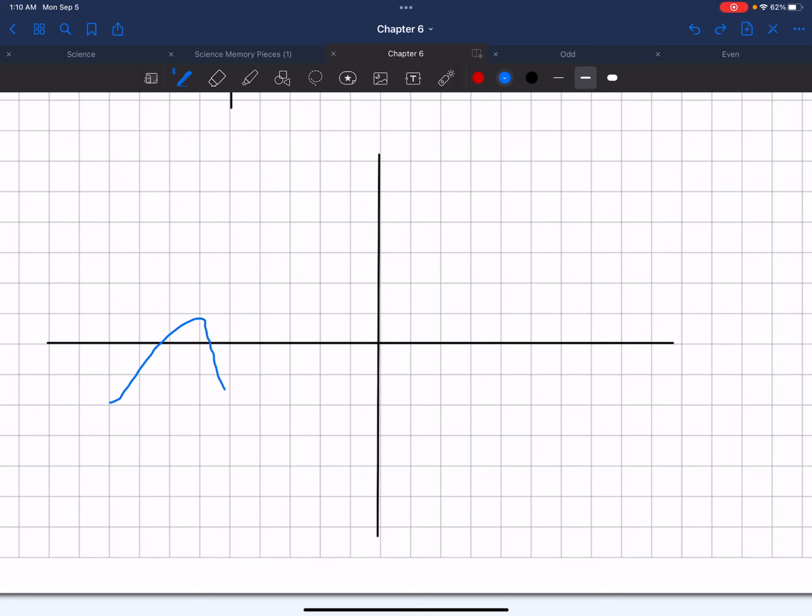If you have an interval that repeats itself, the same exact interval over and over, this happens with sound waves a lot, or earthquake waves. This is called a periodic graph.